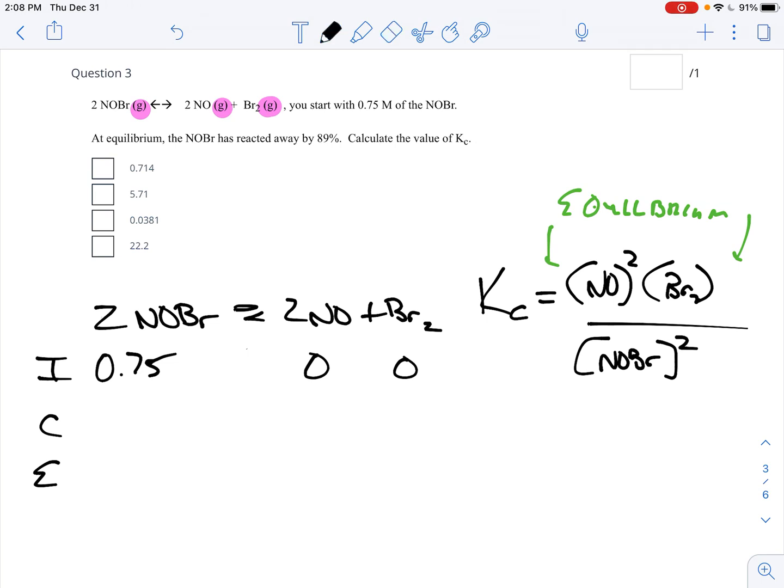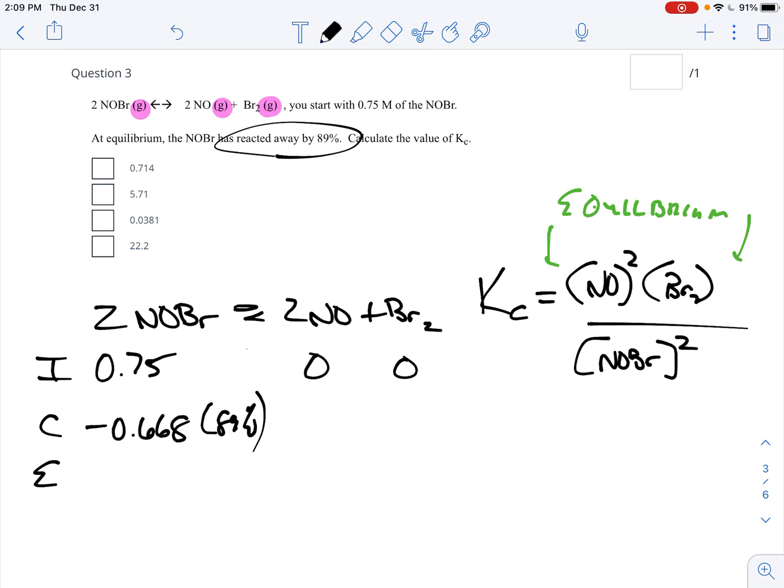Now, what did it say? It said 89% has reacted away. So, how much is 89% of the 0.75? So, 89% of the 0.75 is about 0.668. So, you're going to lose about 0.668 here, which is your 89% that it talked about.